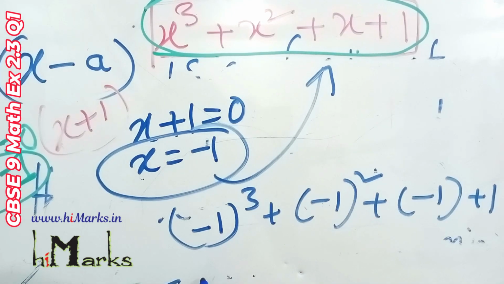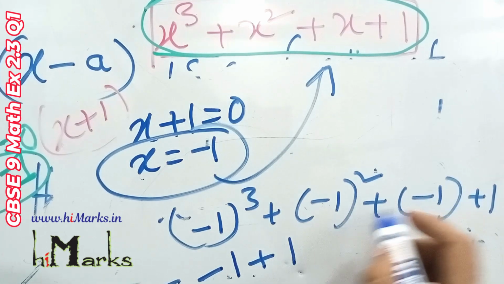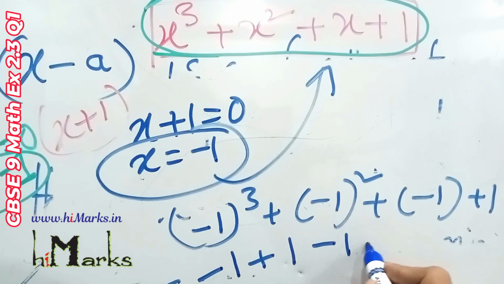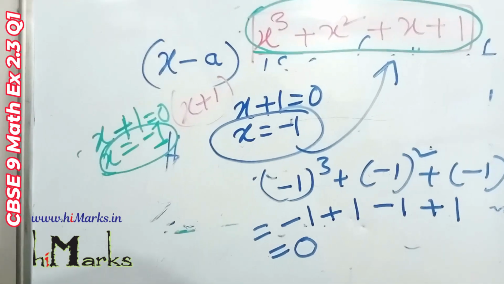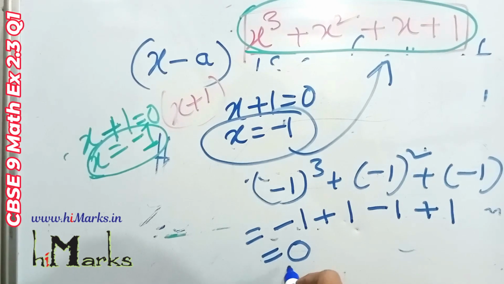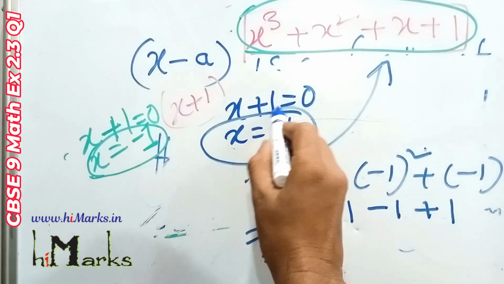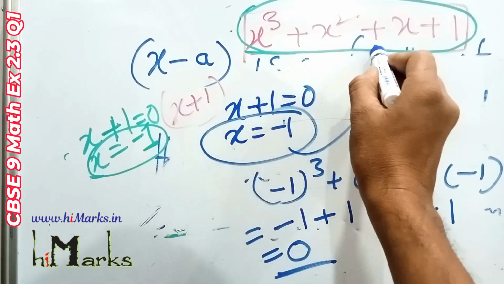So this will give minus 1, this will give plus 1, this will give minus 1, this is plus 1. So it becomes 0. This calculation becomes 0, which means x plus 1 is a factor of this.